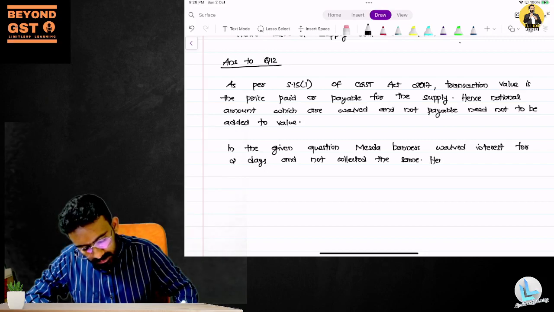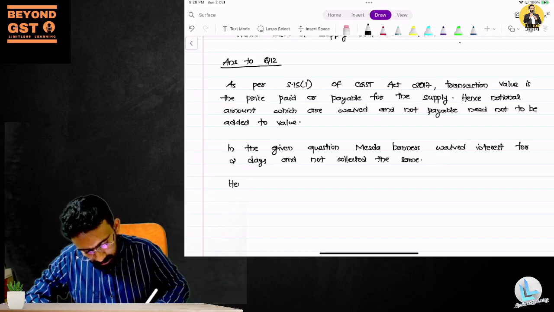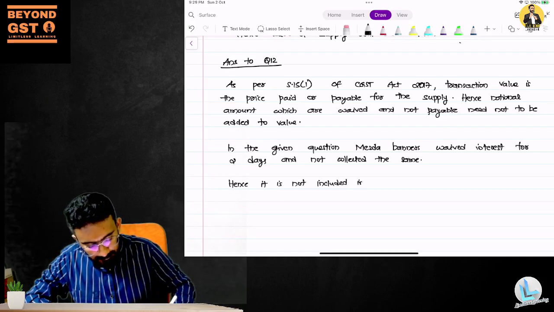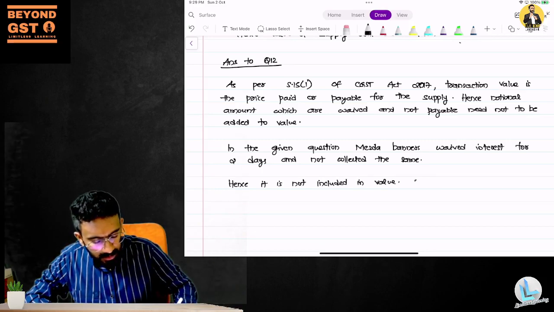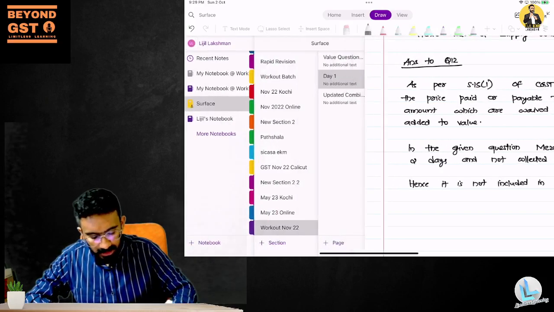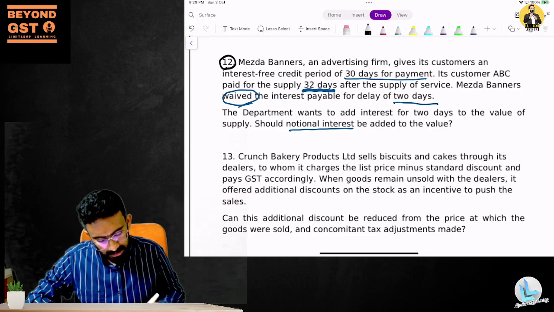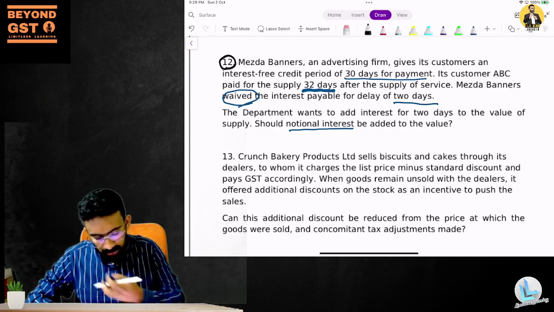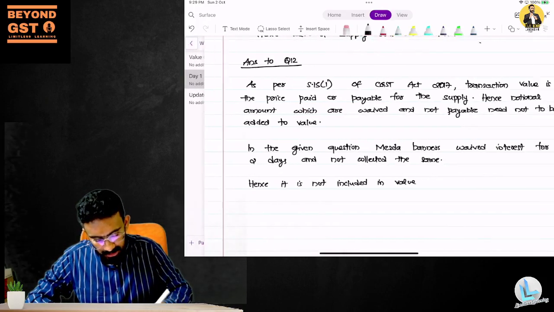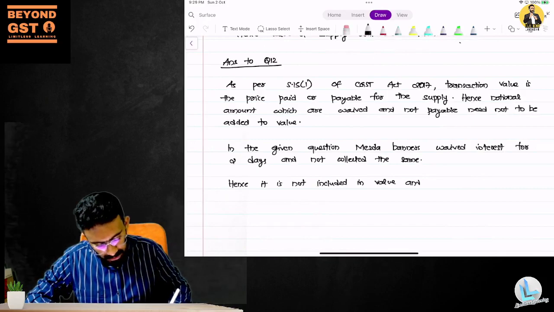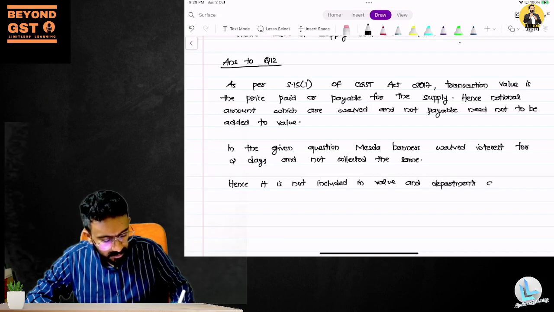Hence, it is not to be included in value. And the department's contention, what's the conclusion? What was the question finally asking you to comment? Finally, it's asking, the department wants to add the 2 days notional interest to value of supply. Should it be added? The department's contention is incorrect.